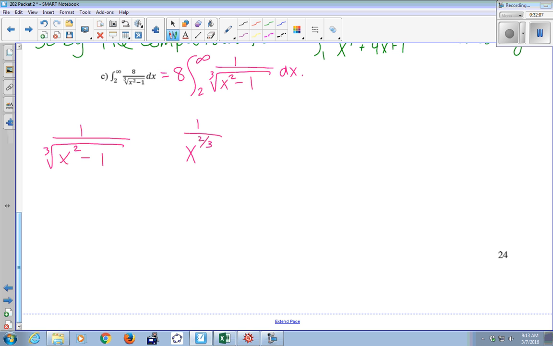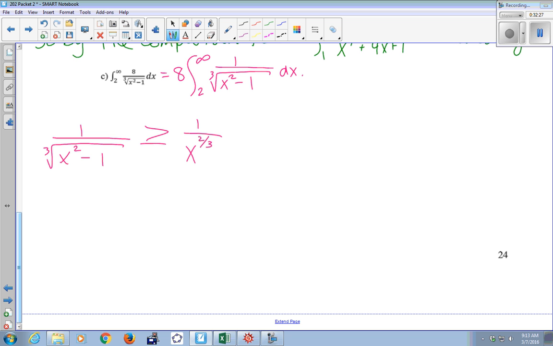So I just drop that 1, and I get the cube root of x squared, which is the same thing as x to the 2/3. Which way do I put my inequality symbol? Greater than, yeah. This is bigger than that.